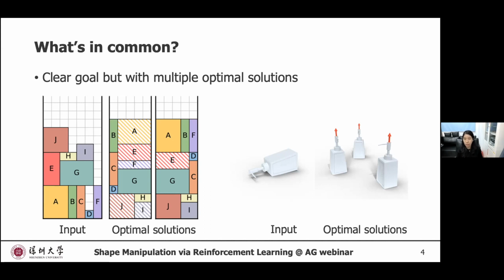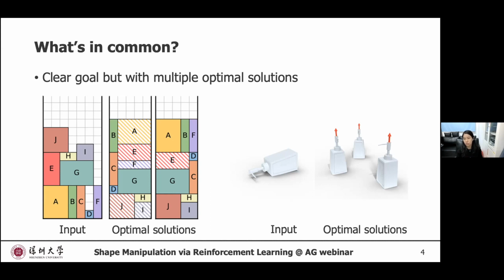But the number of boxes becomes an issue, because most of those networks take a fixed size of input. Initially, we always assume we have 10 boxes, or 20 boxes. And once we train the network for 10 boxes, it can only be used for 10 boxes. So this makes the network unable to generalize well.